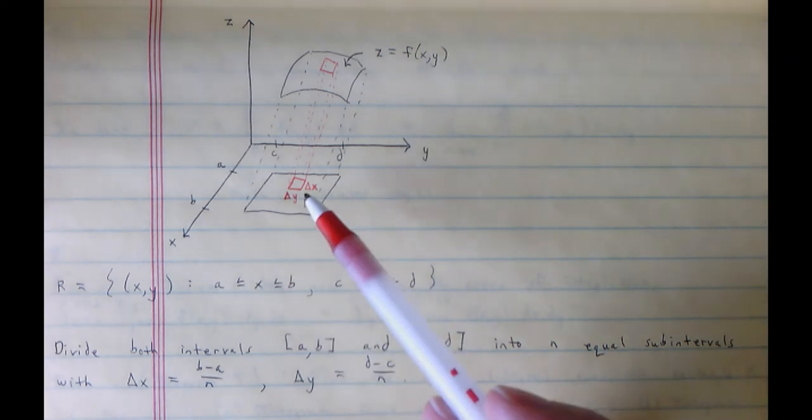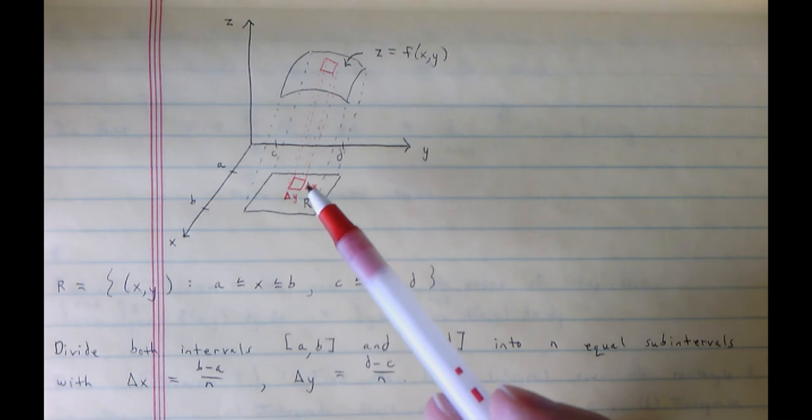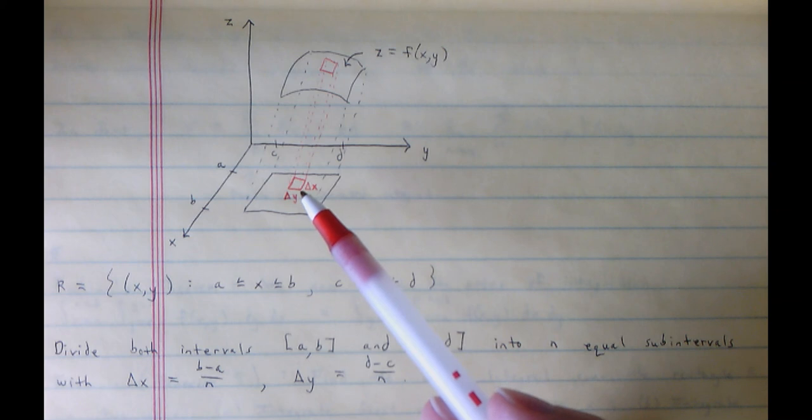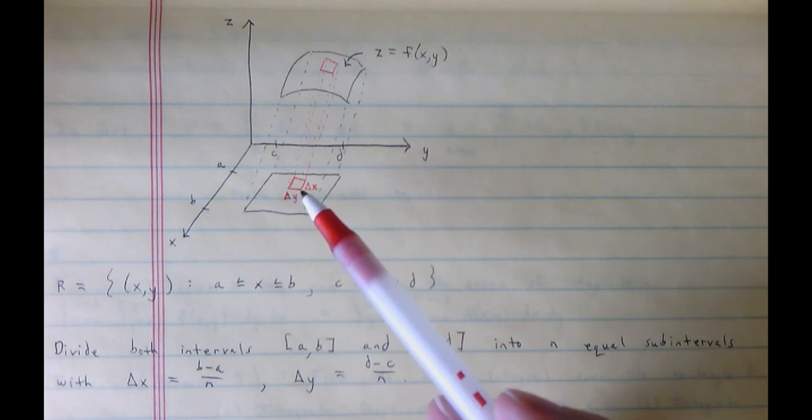So I've got a subrectangle drawn here in red. We're going to pick a point in this small little rectangular box, (x sub i, y sub i), to be our sample point. And maybe for purposes of this illustration, I'll just choose this bottom right corner of this subrectangle.